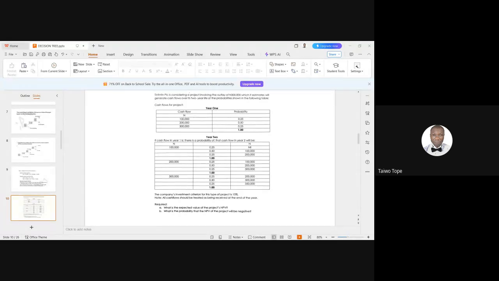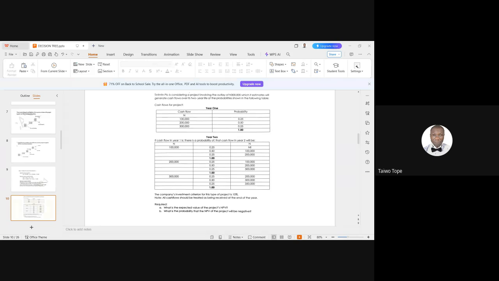Cash flows for the project: in year one, we have a cash flow of 100,000. It means these are inflows. There is a possibility of having a cash flow of 200,000, and a possibility of having a cash flow of 300,000, with their respective probabilities.